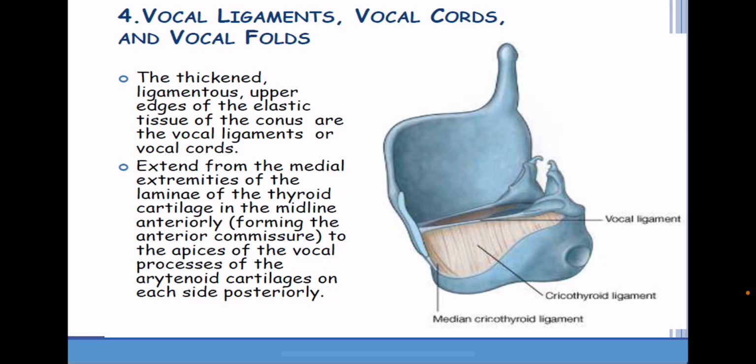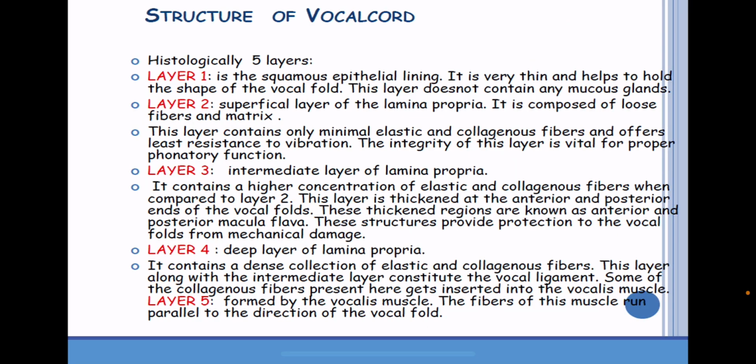The fourth one is the vocal ligament, vocal cord, and vocal folds. The ligamentous upper edge of the elastic tissue of the conus, the vocal ligament or vocal cords, extends from the medial extremities of the lamina of the thyroid cartilage anteriorly to the apex of the vocal process of the arytenoid cartilage on each side posteriorly.